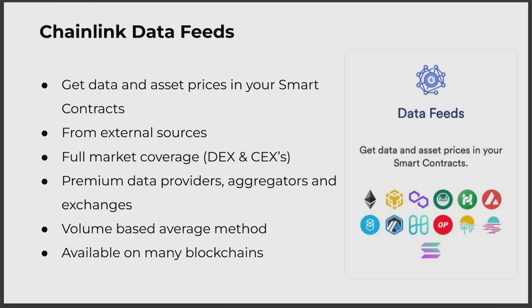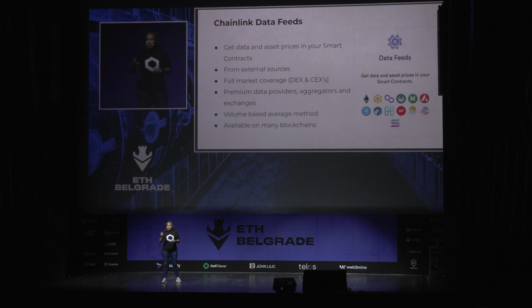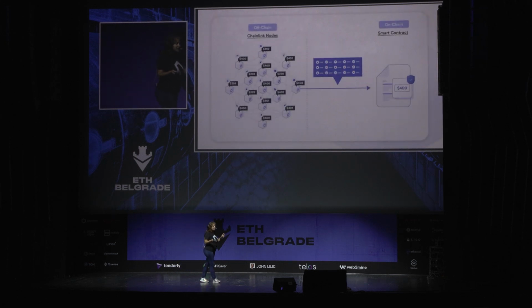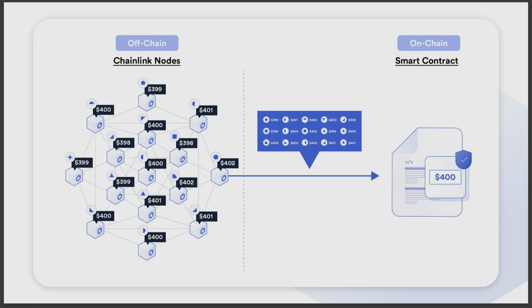So Data Feeds are a way where you can get this kind of information from different sources, having an average-based method to get the price, and then use this inside your smart contract to make decisions for your business. It's something like this. We have different prices over there, and you can see how each of the node operators gets the price, and the final price is there as well.